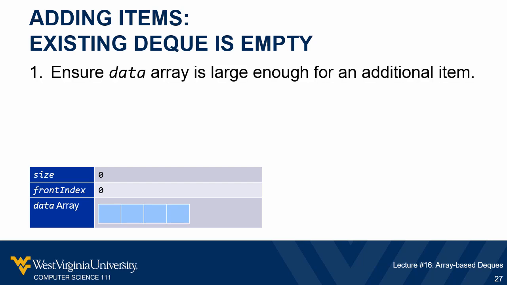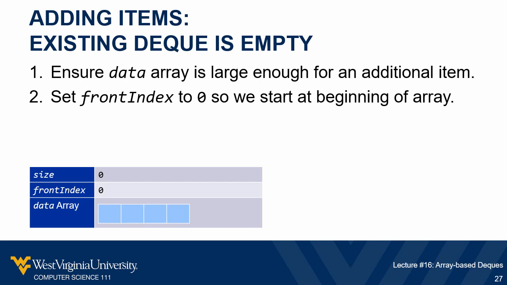Here, we're going to make sure that the data array is large enough for an additional item, which it normally should be. And we're going to set frontIndex to be 0. So if we have an empty deck, we're always going to place the very first thing that we add in element 0. That's just a convenience thing for us.